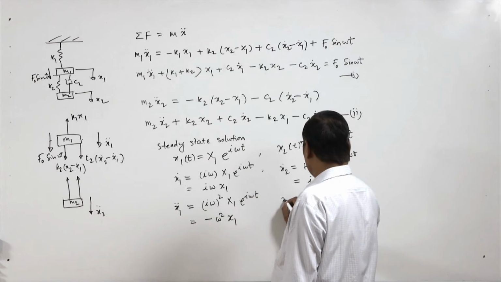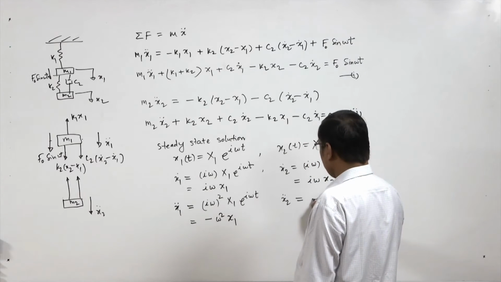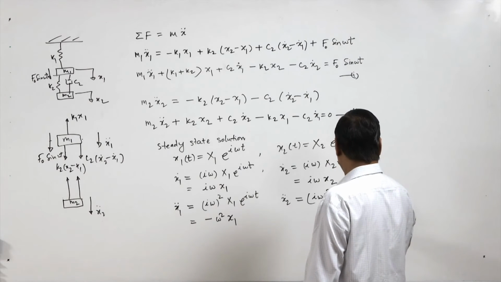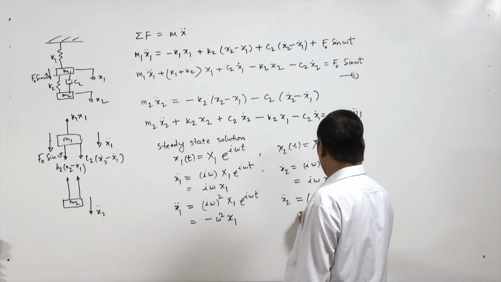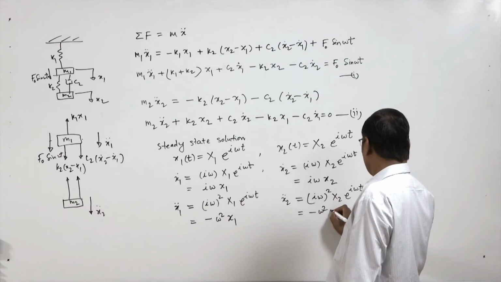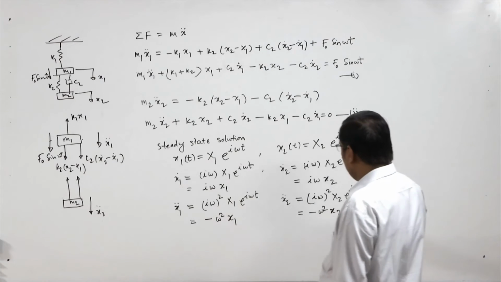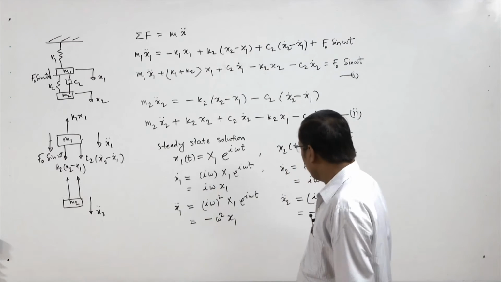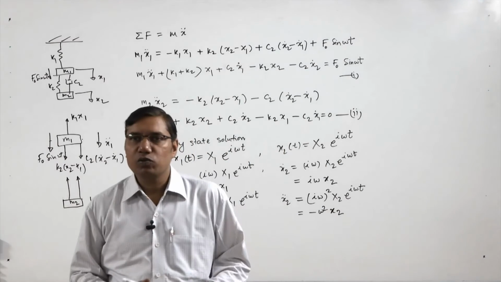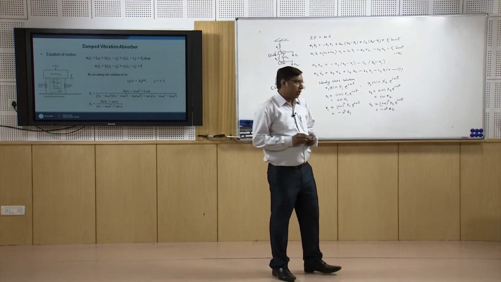And here x2 double dot equal to i omega square X2 e power i omega t, so that is minus omega square x2. Now we can put these values of x1 dot, x1 double dot, x2 dot and x2 double dot in equations 1 and 2, and we can solve for x1 and x2.